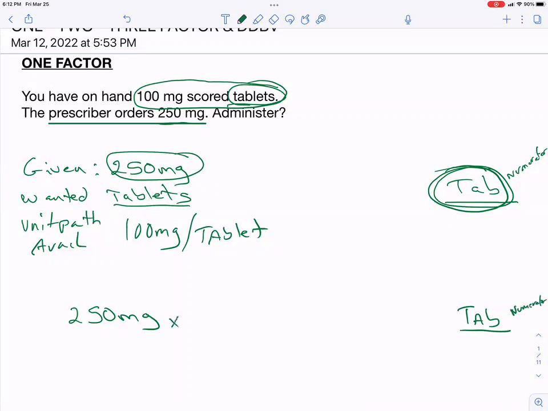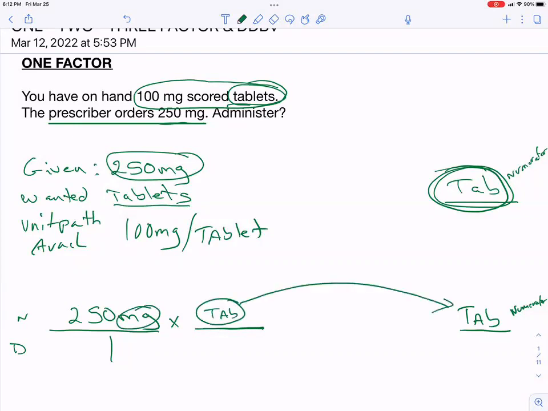If I have to get rid of milligrams, I can put this over 1 if I want to, or over nothing. So now 250 milligrams is sitting in the numerator position. This is the denominator position. How do I get tablets in my numerator, and how do I get rid of milligrams? Because I want just tablets. Well, I use what's in my problem.